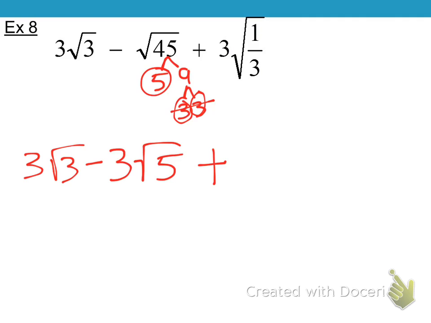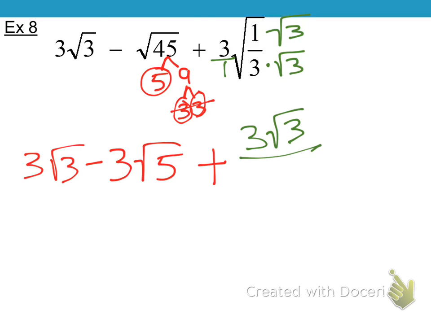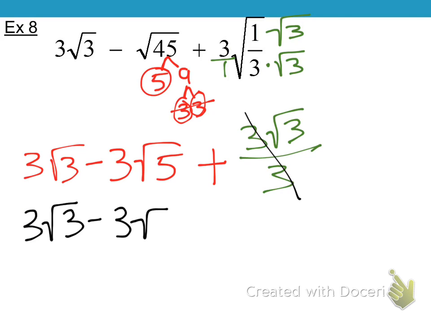plus, what should I do in the back? Multiply by the square root 3 over square root 3. And I'm going to put that 3 up top. So 3 square root 3 over 3. Ooh, nice. Yeah, those are going to go away. So I have 3 square root 3 minus 3 square root 5 plus square root 3.